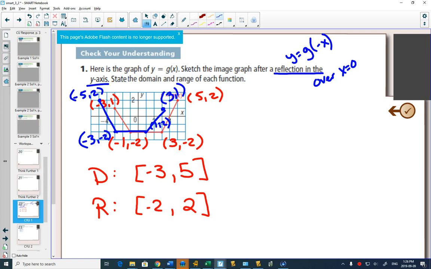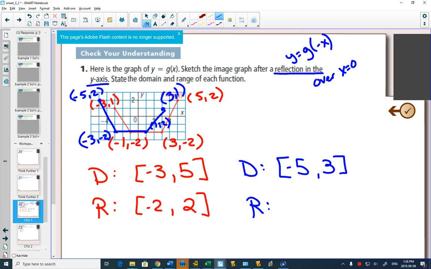When we do our domain and range of our reflection, our domain, now our smallest x value is -5. Our largest x value is +3.